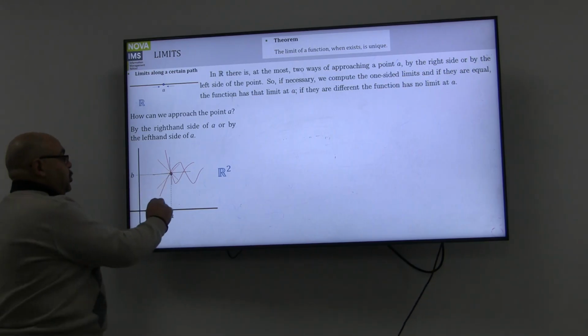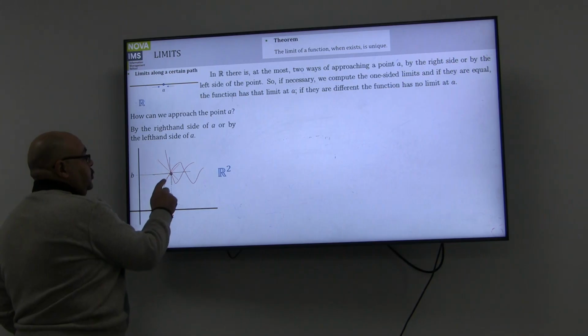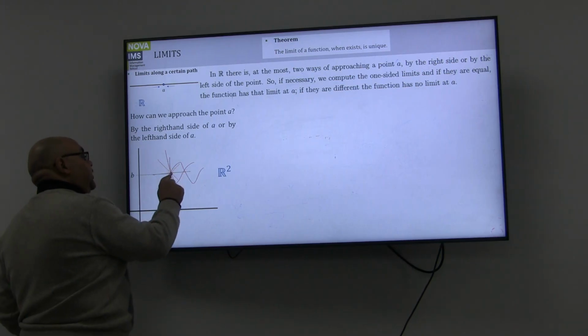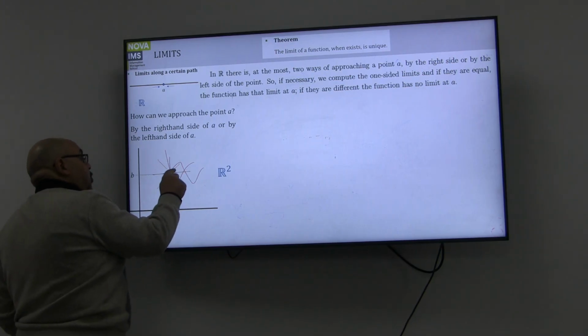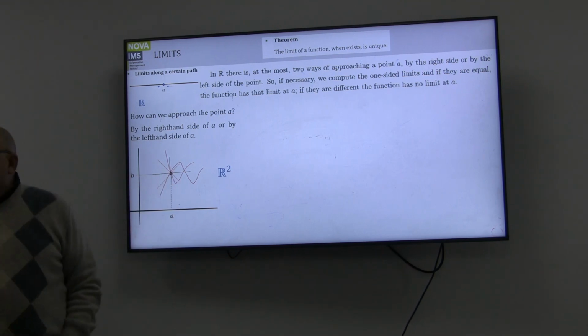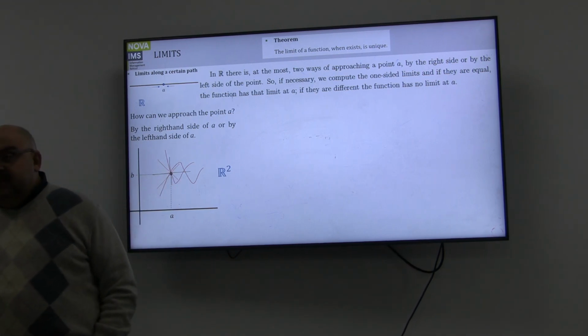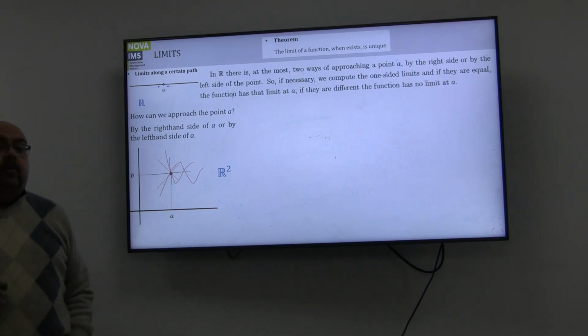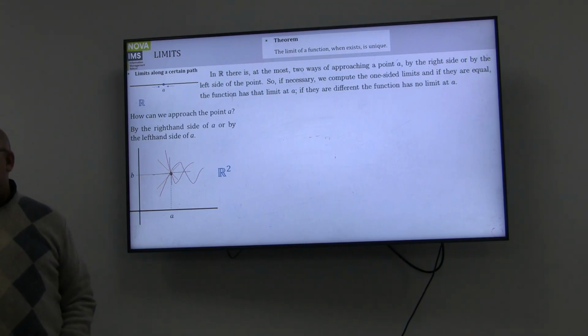So I can approach this point according to this function, or according to that function, or according to that line, or depending on this line. So the number of paths around this point is infinite. That's a great problem for approaching the limit in multivariable functions.